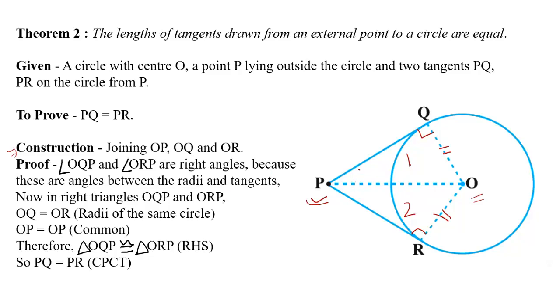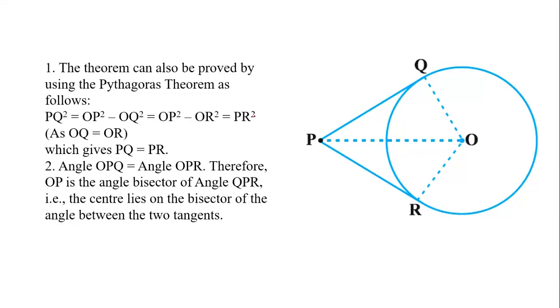So these two triangles are congruent, so PQ will be equal to PR by CPCT, and in this way we have proved that the lengths of the tangents drawn from an external point to the circle are equal. This is one of the most commonly used theorems in this chapter, and this theorem can also be proved by the Pythagoras theorem in both the triangles.